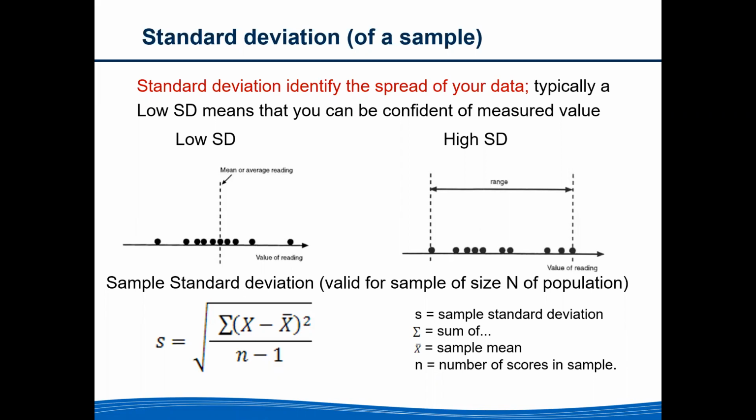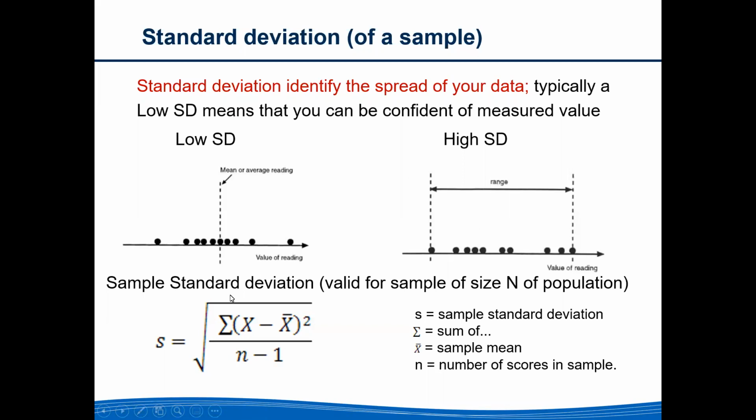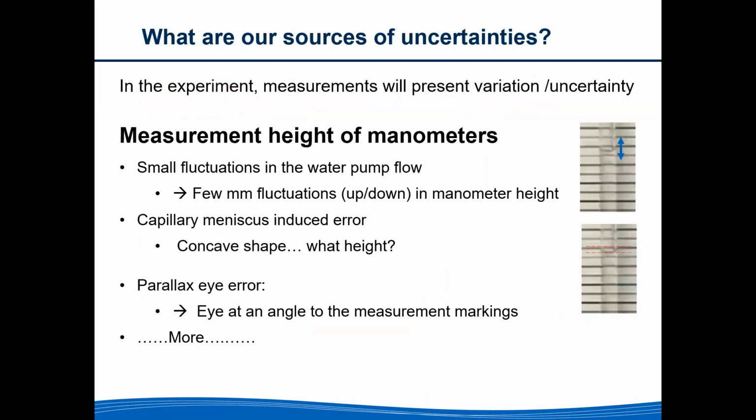But I write here the equation where X is your measurement, okay? X with a dash is the sample mean, the average of your samples. N is the number of the samples, in your case 5. You repeat the experiment 5 times. By this, you can calculate the standard deviation of your samples. Note that Excel also has a sample standard deviation function available.